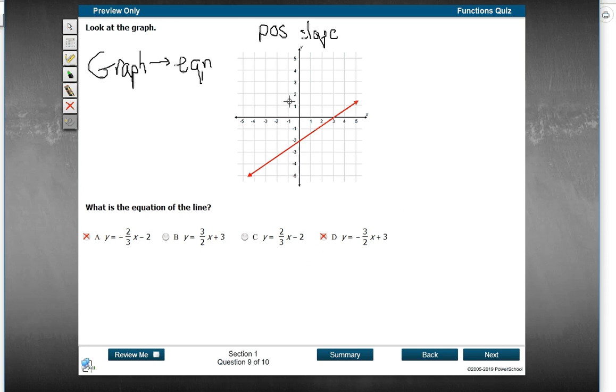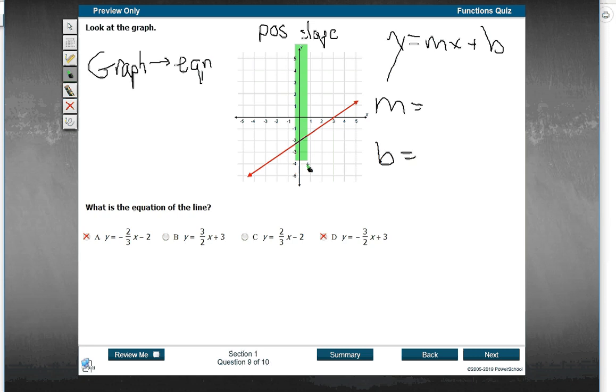Let's also see, well, again, we're always in the form y equals mx plus b. And so, again, you can solve for either your slope or your y-intercept, whatever works for you. I personally like using that y-intercept because that one's a lot easier to identify.